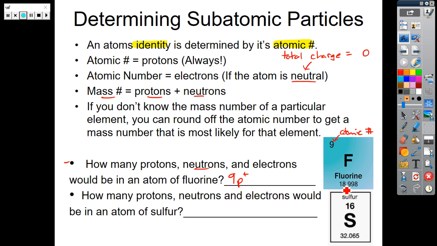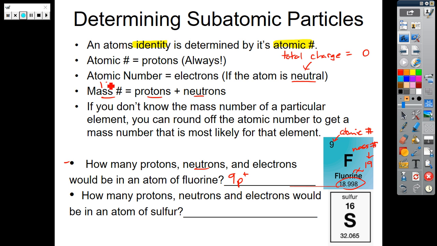Well, if you look at fluorine, this atomic number is probably pretty close to the mass number. If we round this number off, this number is about 19. Okay, so let's assume for a second that the mass number of this atom of fluorine is 19.